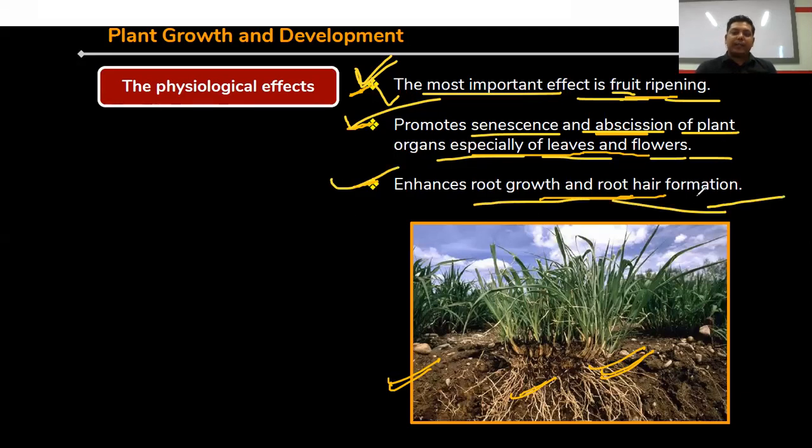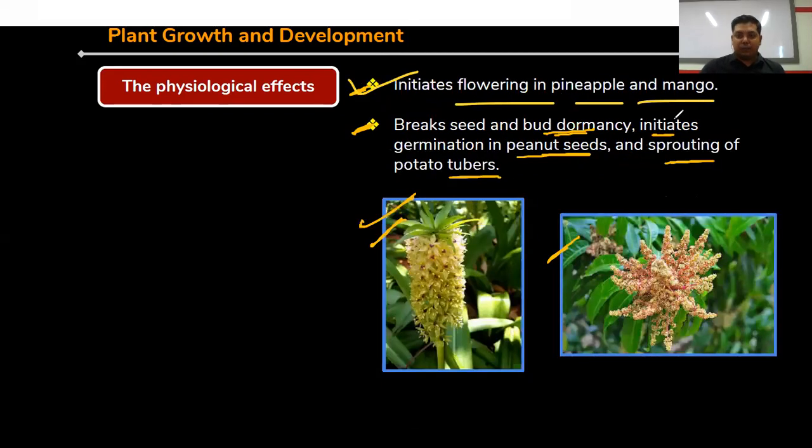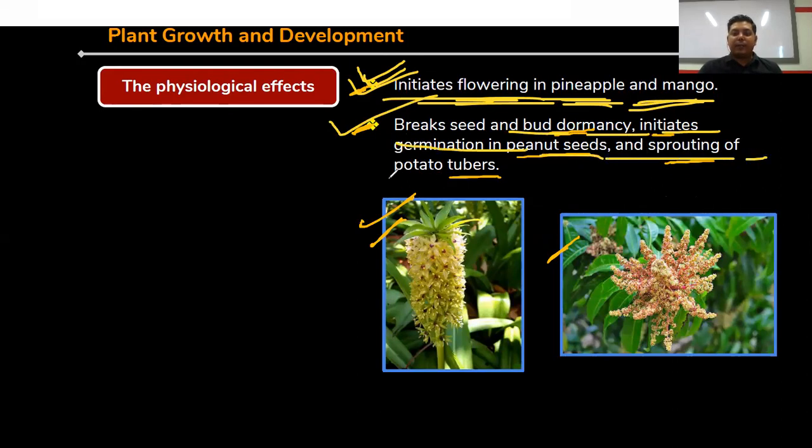It enhances root growth and root hair formation. So ethylene is also involved in root growth as well as root hair formation. It initiates flowering in pineapple and mango. This is also an important function done by ethylene. It breaks seed and bud dormancy, initiates germination in peanut seeds and sprouting of potato tubers.